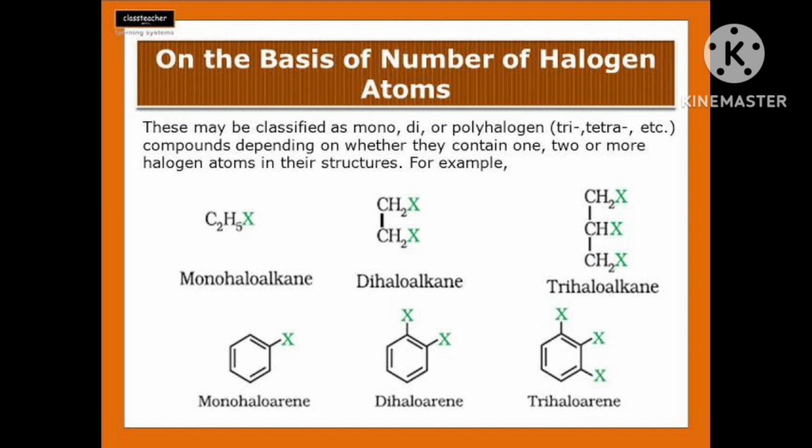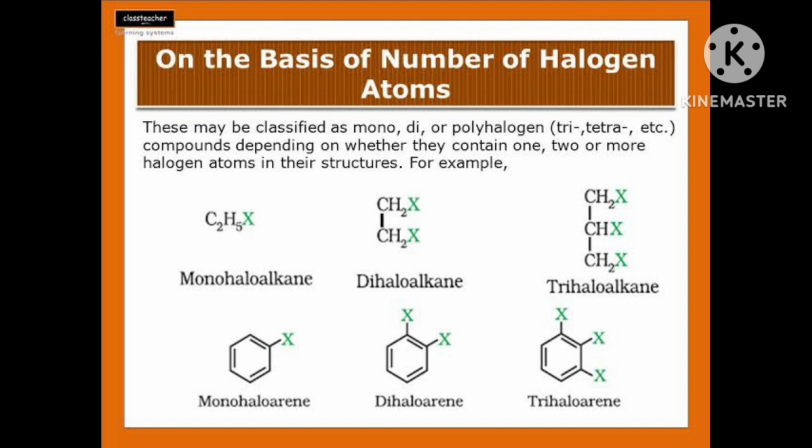If 2 hydrogens are substituted with 2 X, it will be called dihaloarene. Di means 2. Like that, if 3 hydrogens are replaced with 3 X, it will be called trihaloarene.